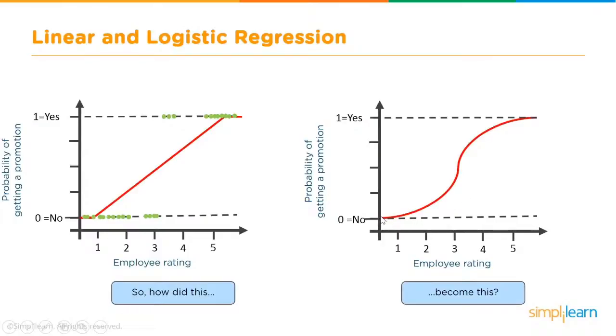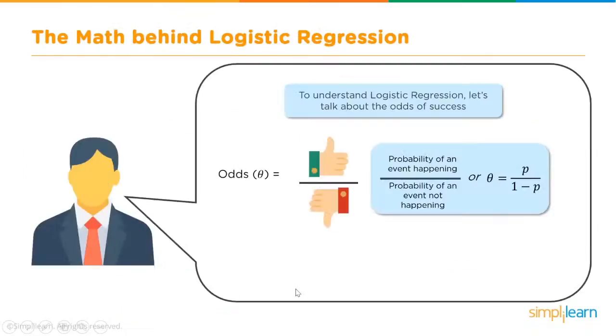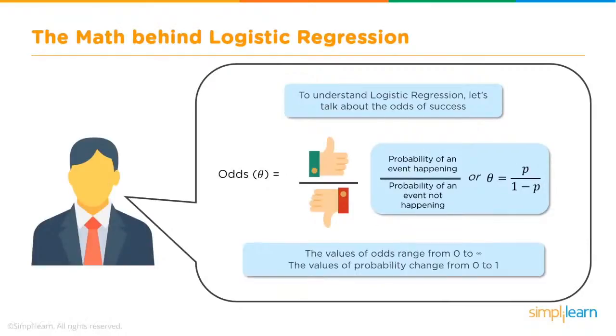Then it is a gradual process, right? So you see here, people with some of these ratings are not getting any promotions, and then slowly at a certain rating they get a promotion. So that is a gradual process. And this is how the math behind logistic regression looks. So we are trying to find the odds for a particular event happening.